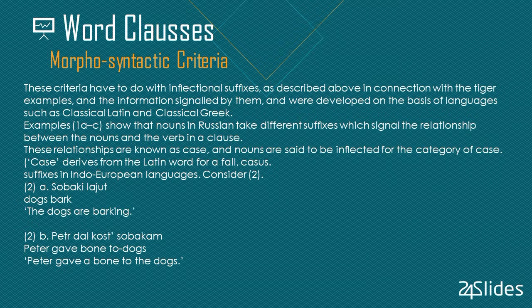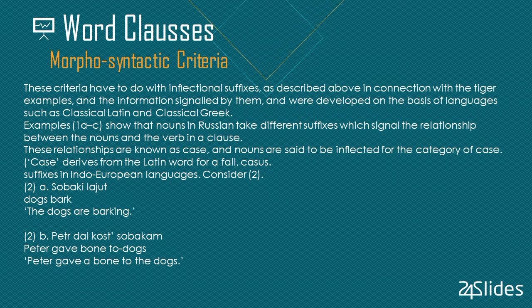Examples 1a to 1c show that nouns in Russian take different suffixes which signal the relationship between the nouns and the verb in a clause. These relationships are known as case, and nouns are said to be inflected for the category of case. Case derives from the Latin word casus. Suffixes in Indo-European languages.